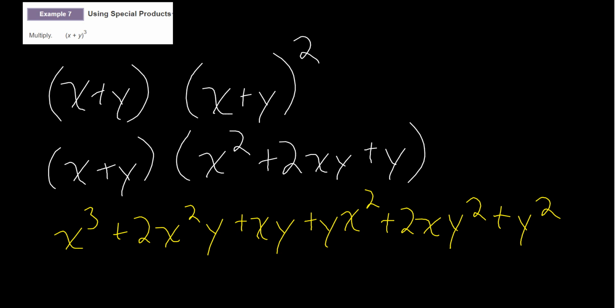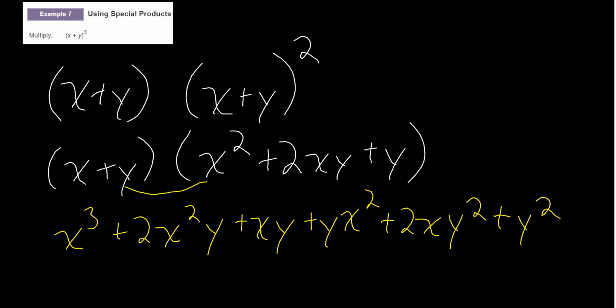x squared, y squared, x. I feel like we should be able to combine something. Let me just check my work here. So x and x squared is x cubed. That's good. X and 2xy is 2x squared y. That's good. X and y is xy. That's good.